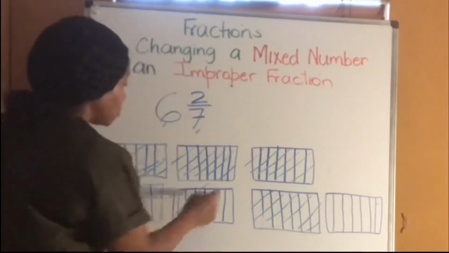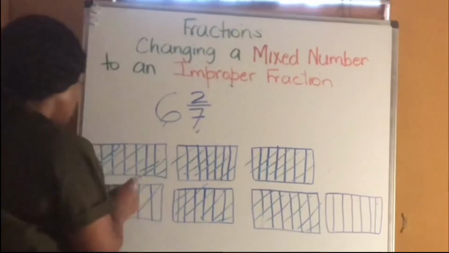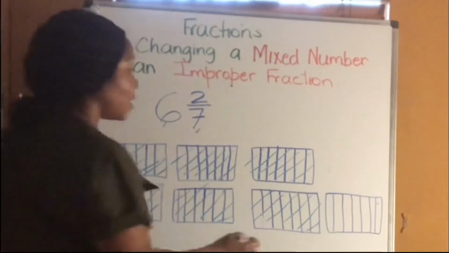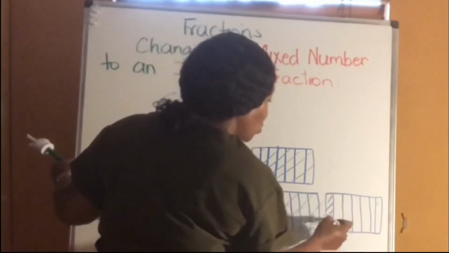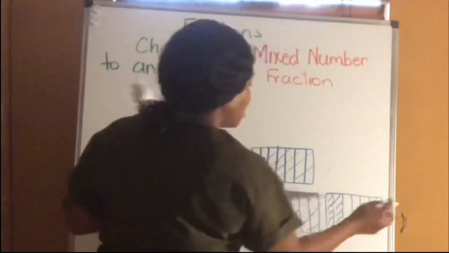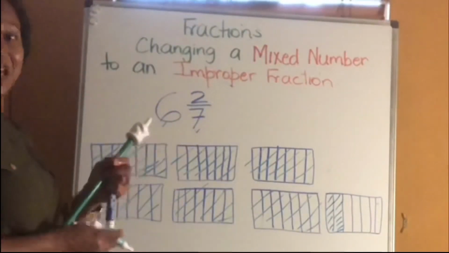And 2 out of 7 parts to shade over here. So 1 part, 2 parts. So now everything is shaded that needs to be shaded.